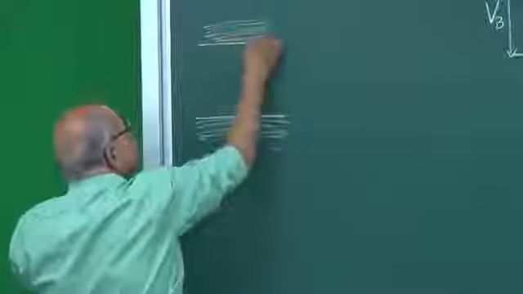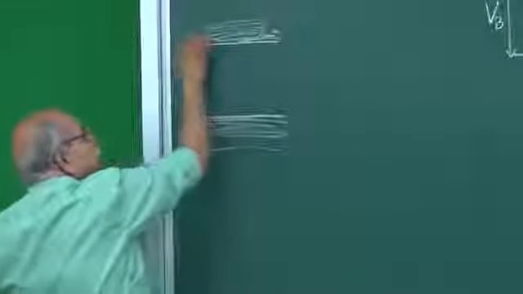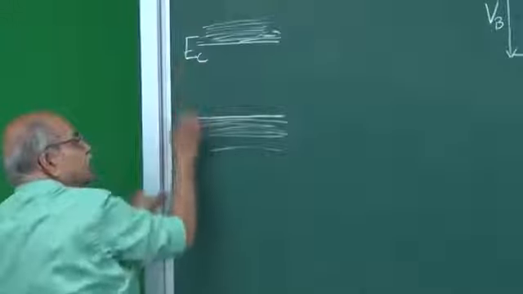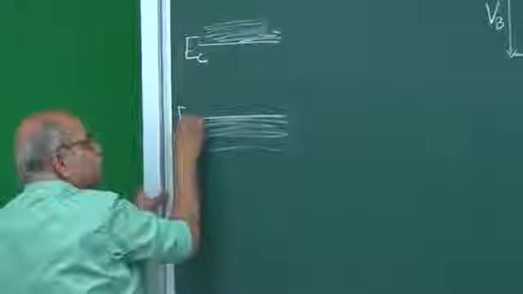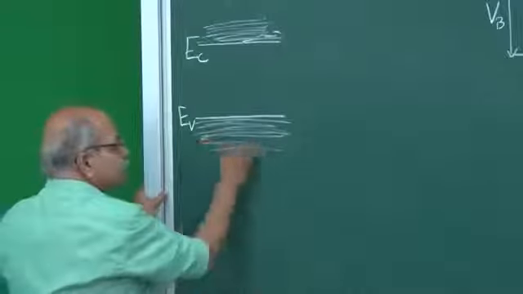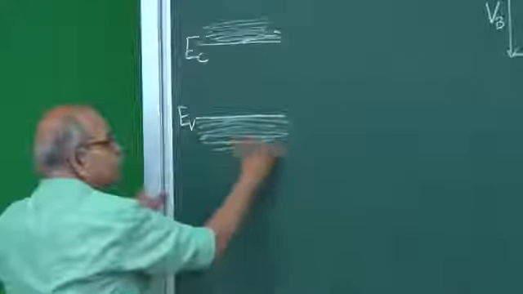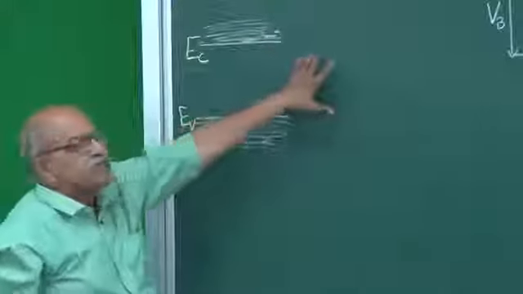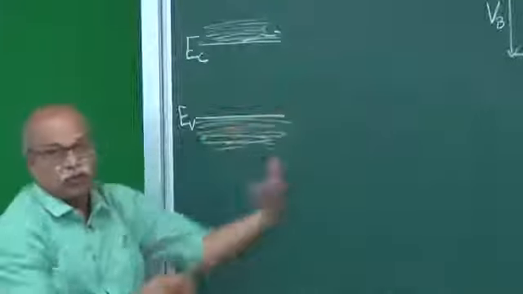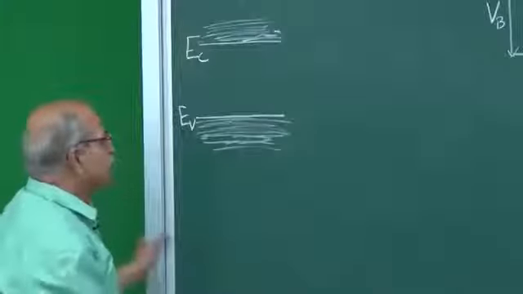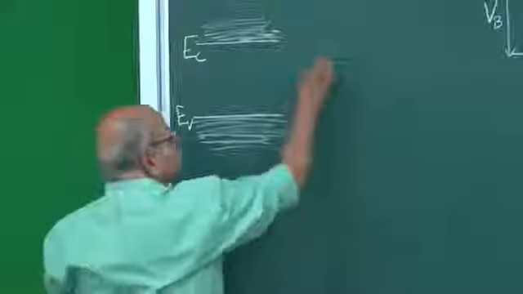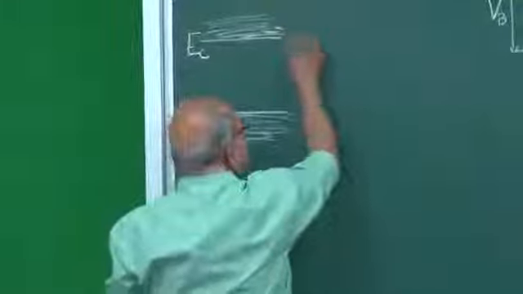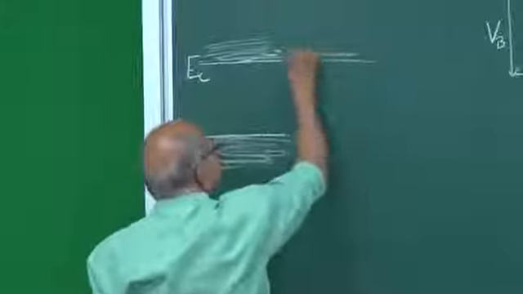So you have this bottom edge of conduction band here and the top edge of the valence band here. Same is the case with p type, same is the case with n type if there is no cross talk between them. So the other side also is like this, same.